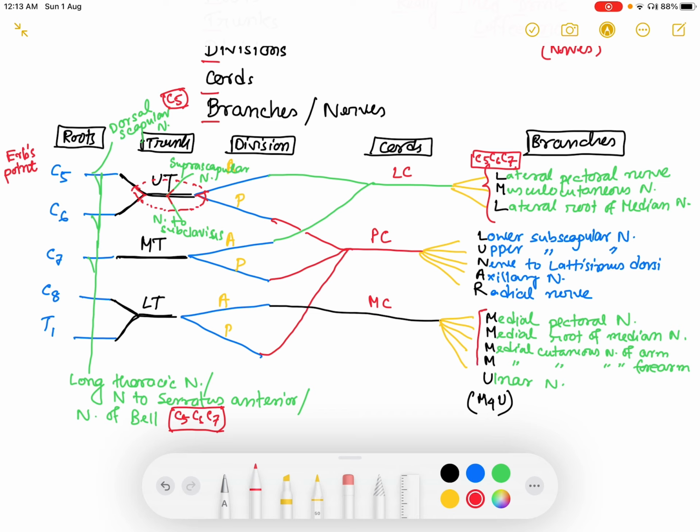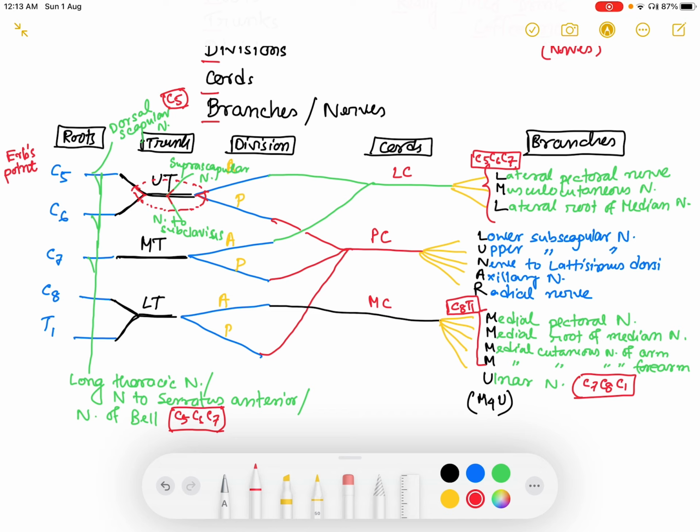For these four nerves the value is C8, T1, and for the ulnar nerve there is an additional C7: C7, C8 and T1.